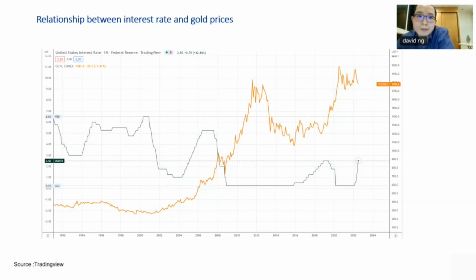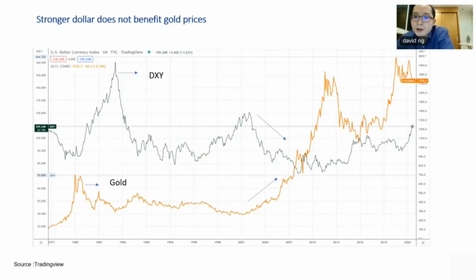Now, in terms of the dollar and gold, you can clearly see this relationship here. Every time we have a strong dollar, normally it's bad for gold, because the dollar itself also serves as an asset instrument. Whenever you have a high interest rate environment and a strong dollar, normally people will not invest in gold.